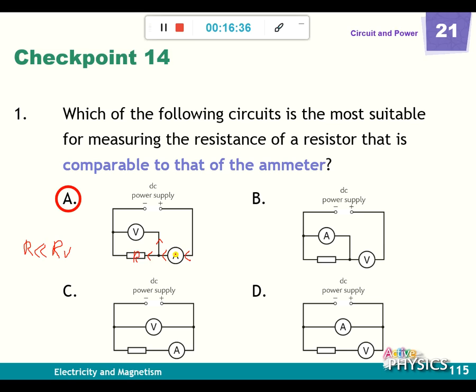Okay, then the emitter reading current is true, and the voltmeter reading is true, but the current reading is wrong, too large. But you can find that this part, the current comparatively will be very small, so it is the same as the current. Then this circuit is better.